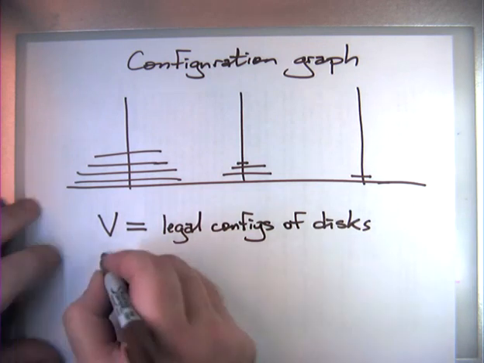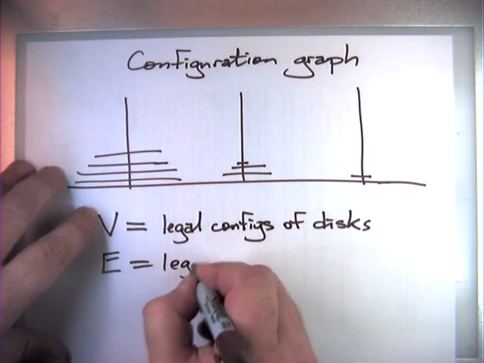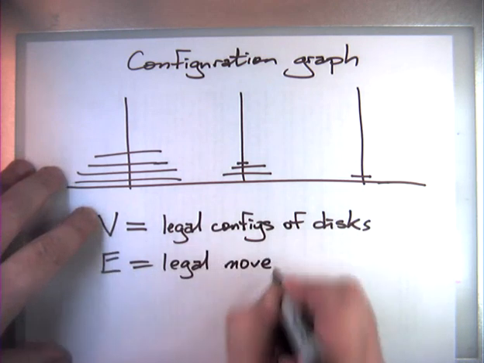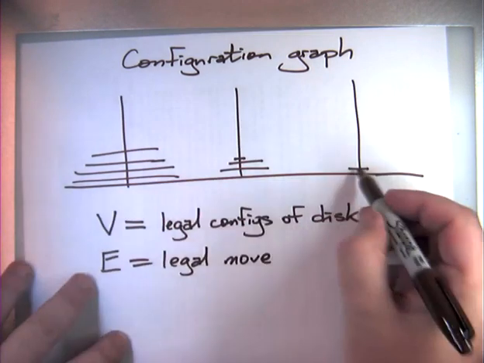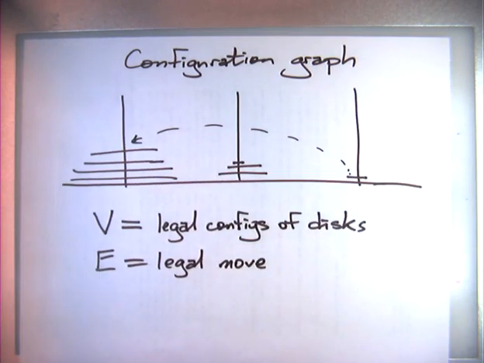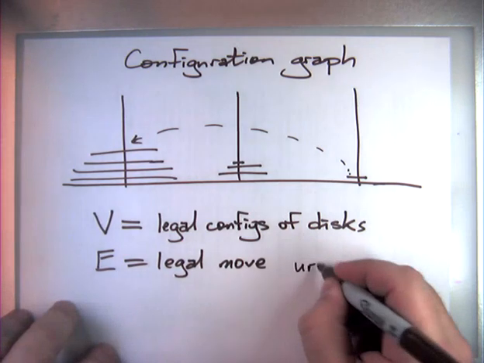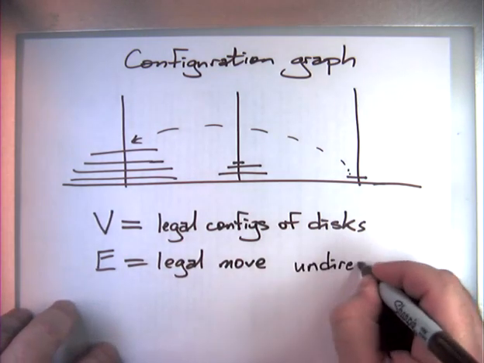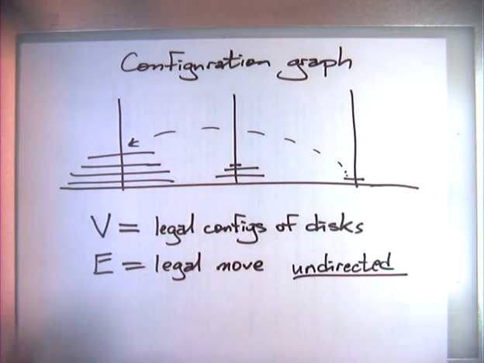And each of the edges corresponds to a legal move. For example, moving this disk over to the first pole. Now, it turns out for the Tower of Hanoi problem, once you do a move, you can immediately undo it. So, in fact, I should think of this as an undirected graph.